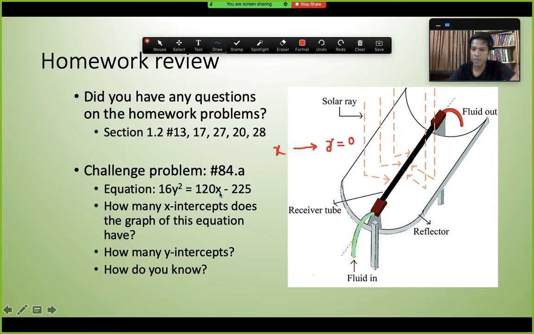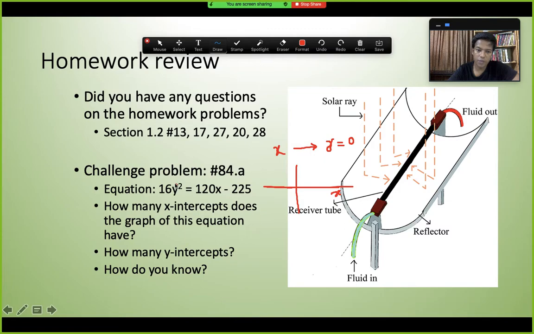Then you will get the x-intercept. There is a reason for that. The x-intercept is on the x line, and on the x line, everywhere the y value is 0. That is the reason why we put y equal to 0 in the equation to find the x-intercept.